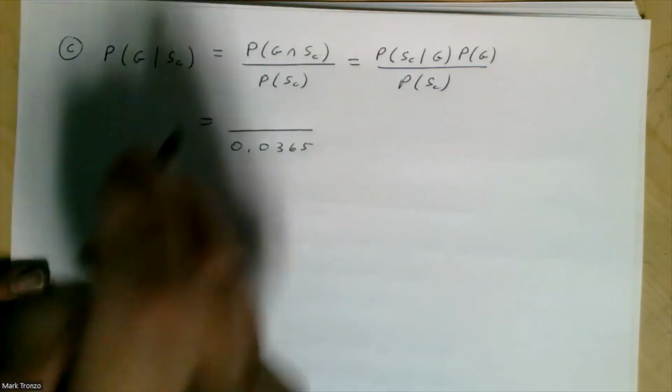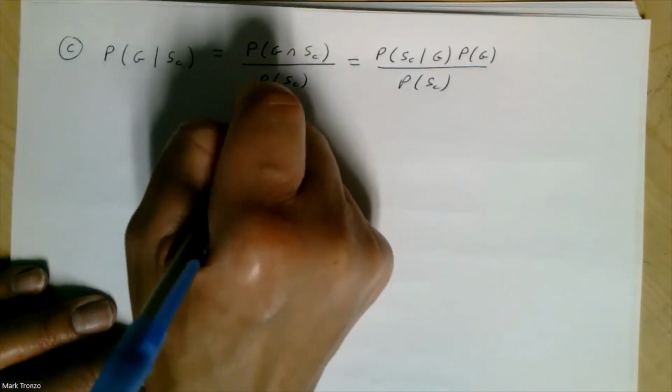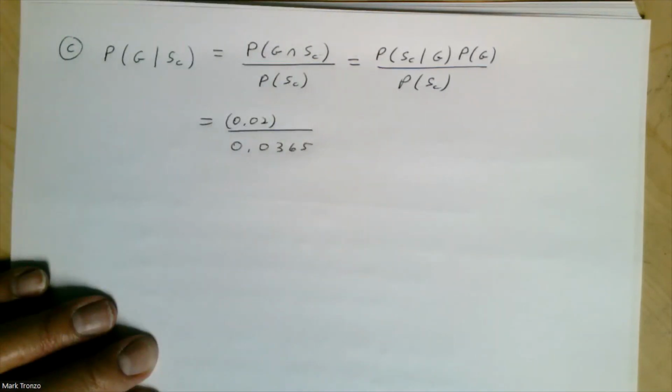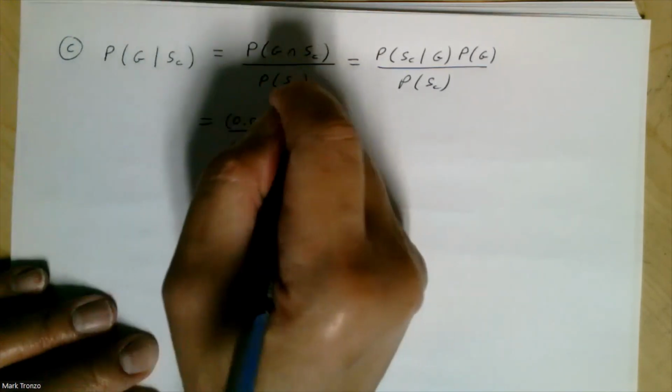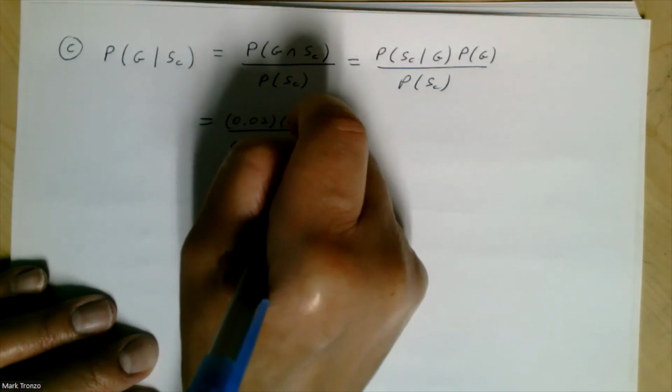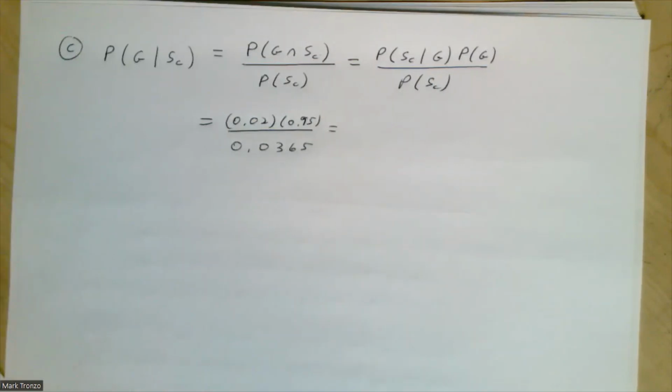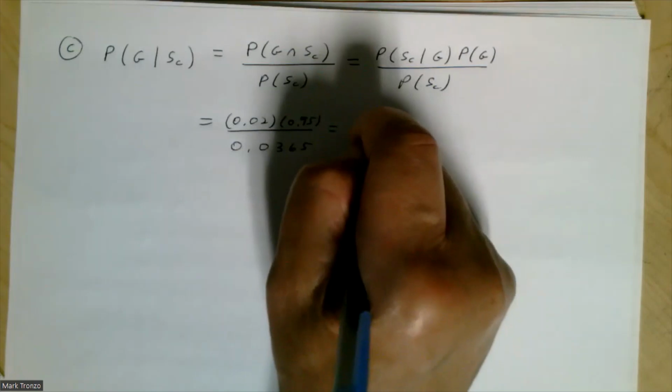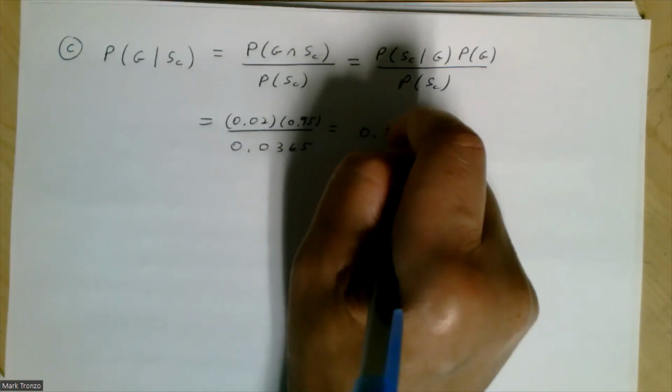And the numerator is 0.02 times 0.95. I'm going to put that in my calculator, and get about 0.5205, or 0.521.